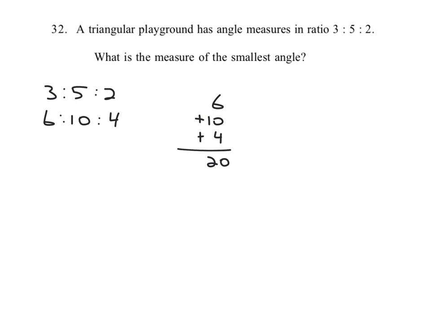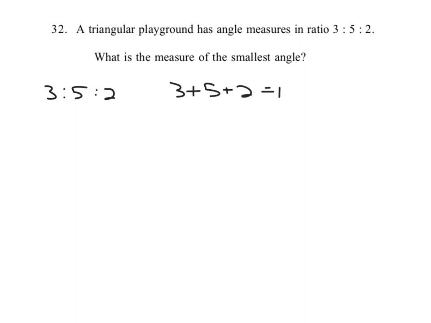Well, think of it like this. Right now, the given ratio is 3 to 5 to 2, and that only sums up to 10. We need the sum to be 18 times bigger than it is.